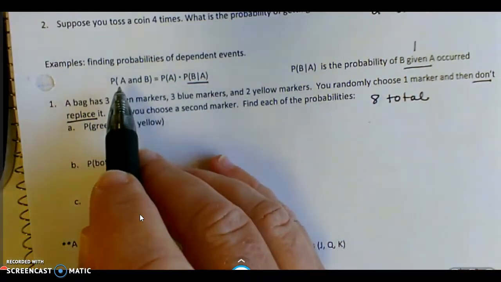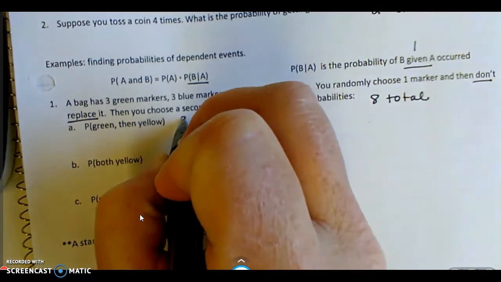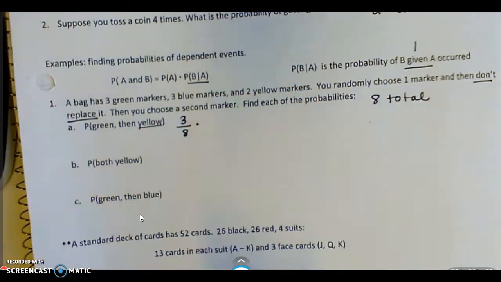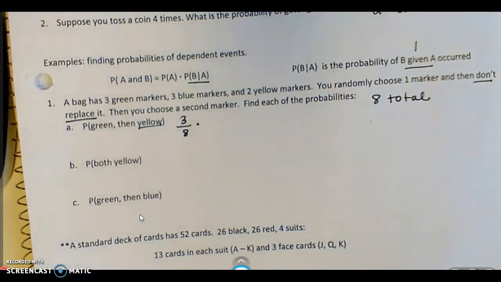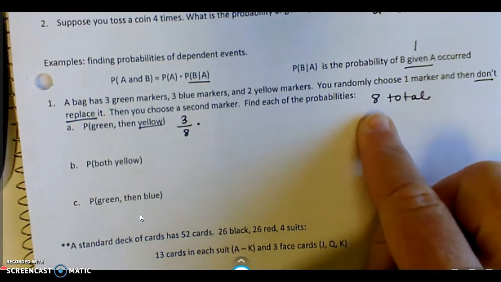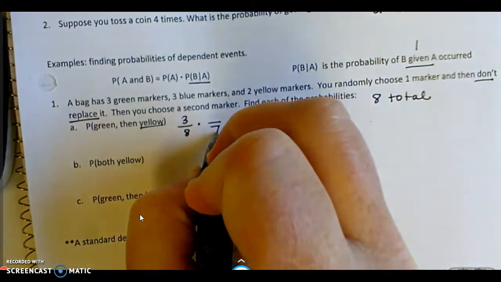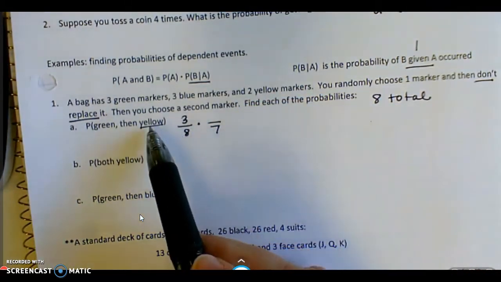There's 8 total. There's 3 green, so this would be 3 over 8. But then I'm going to multiply the probability of yellow. Well, what happens here is I consider the fact that I already have a green one, and I set it to the side. There are not 8 anymore because I've already chosen one. Now there's 7 to choose from. And then I'm trying to choose yellow.